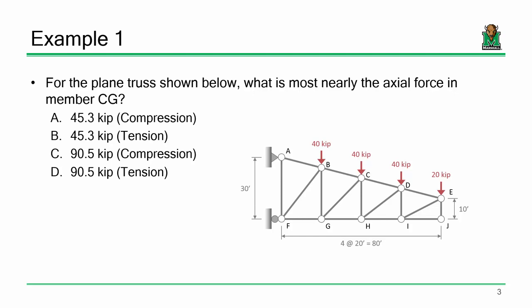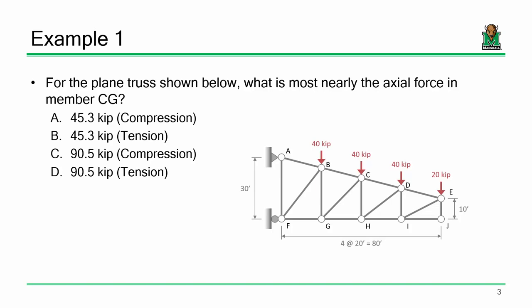One observation that might be worth making is, let's say, for instance, on this problem, instead of asking you for member CG, what if I asked you for member BC? What if I was asking you for this member right here? Now let's just think of this truss as one big structure, and I've got these downward loads right here.